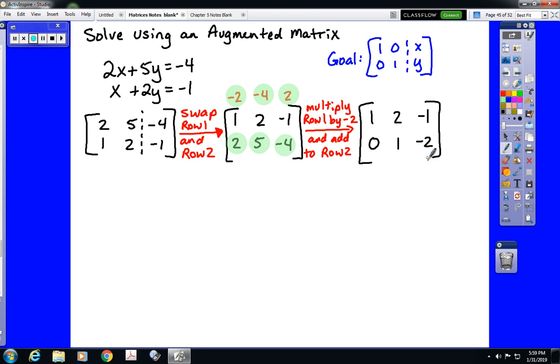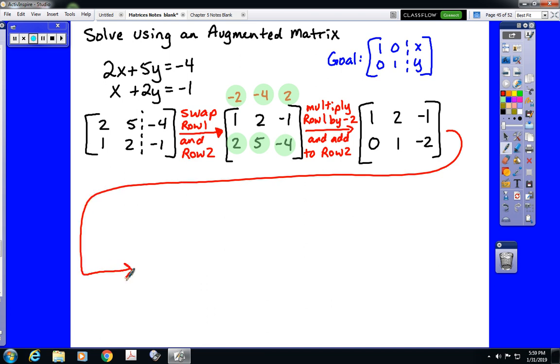Hey, look, we got incredibly lucky. Our next step would be to get a 1 right here, but that's already accomplished. So now we just need to do another combo move. We need to multiply row 2 by -2 and add it to row 1.